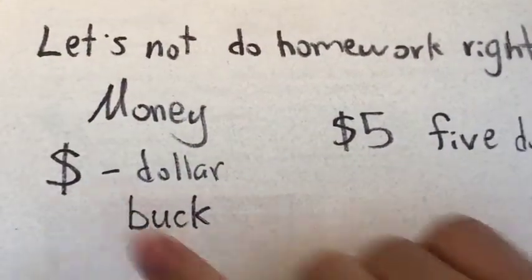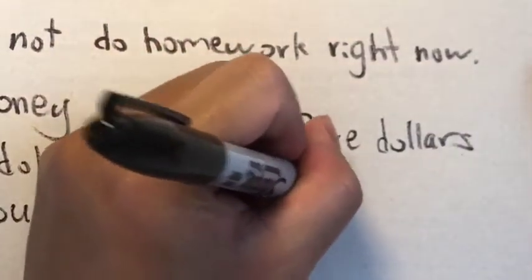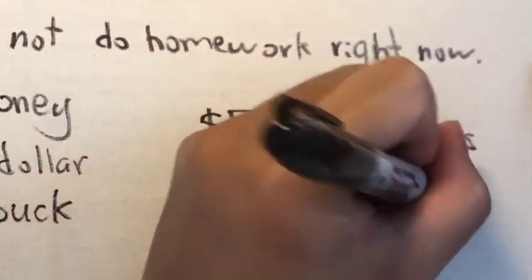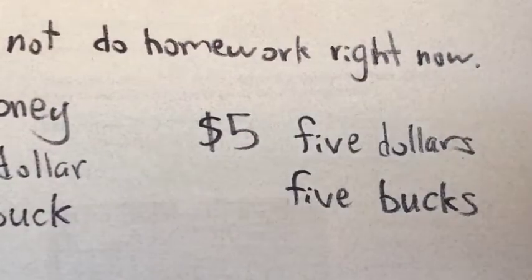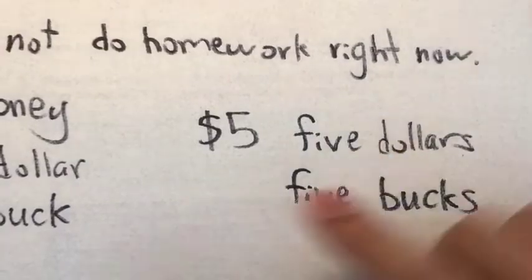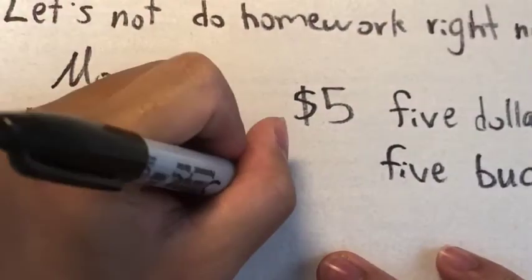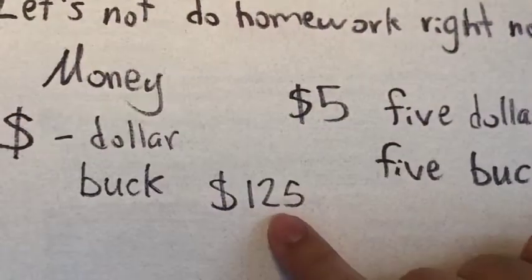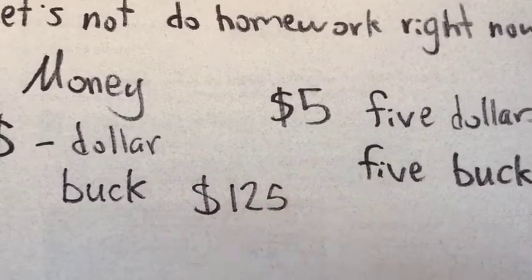This is a buck. So another way to say this is $5. This is $5, this is $5. It's the same. There's no difference. So this is $125 or $125. Same thing.